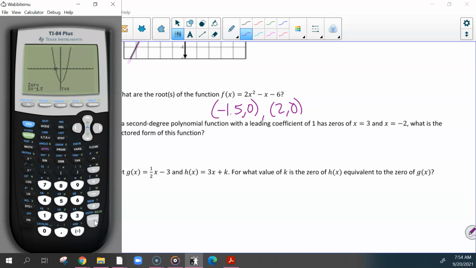Then I could do the same thing for the other side. The second trace, go into a 0. I'm looking for this right x-intercept, so the left bound I could say is like 0. The right bound I can pick any number past the number I want, so like 5.